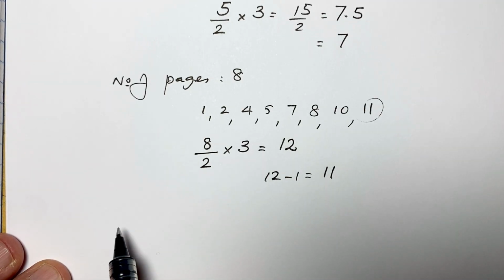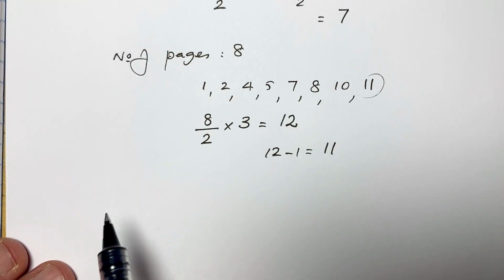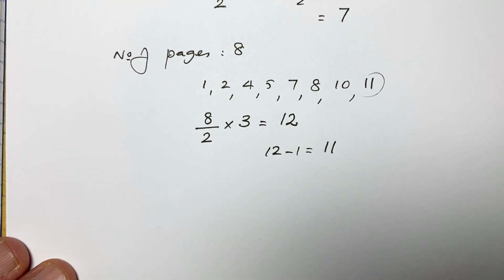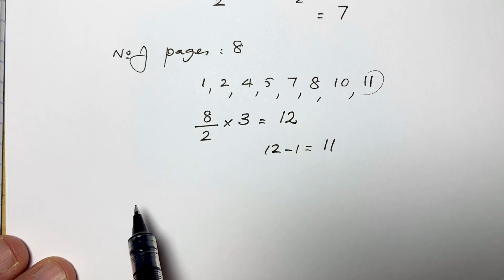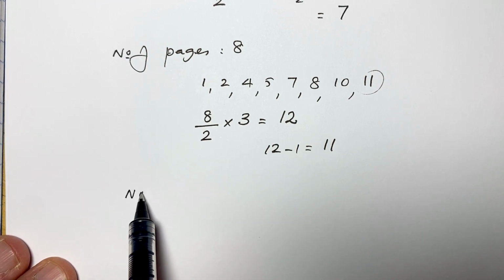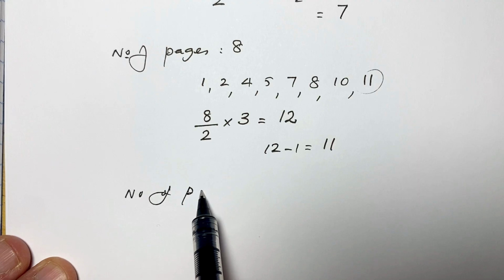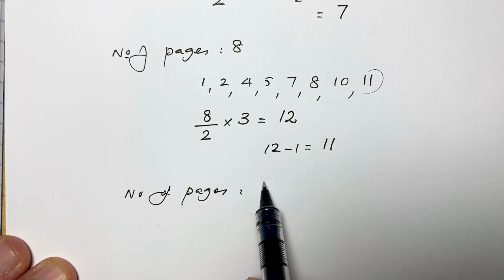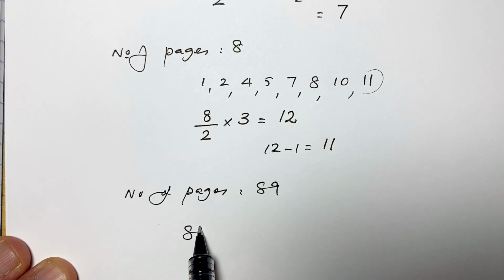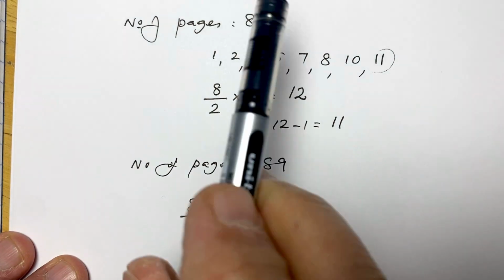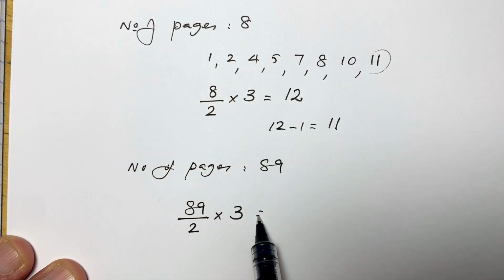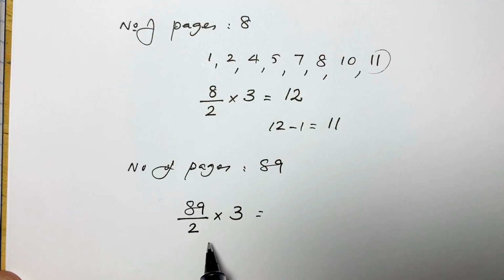Now, the investigation asked me what number would be on the 89th page of the book. So number of pages is 89. As before, I want to know how many groups of 2 can fit in here. For every group of 2, I need 3 natural numbers. As we said, it's a ratio of 3 to 2. So multiply that by 3 and divide by 2.